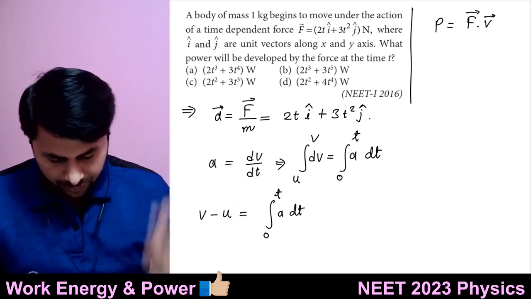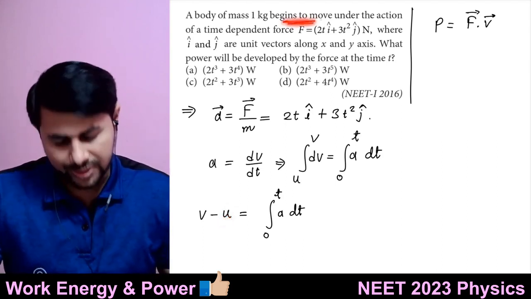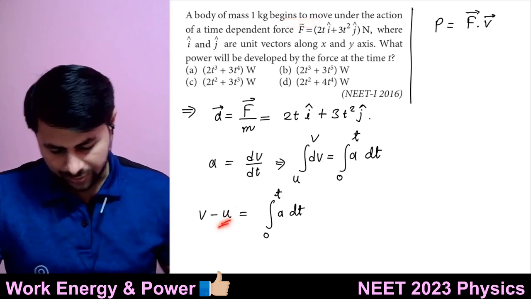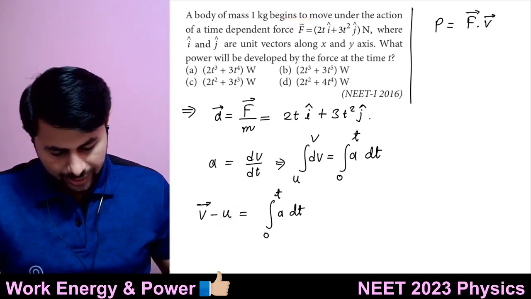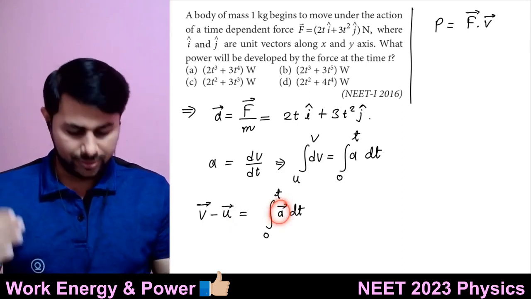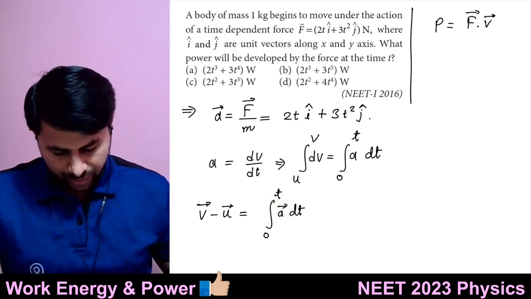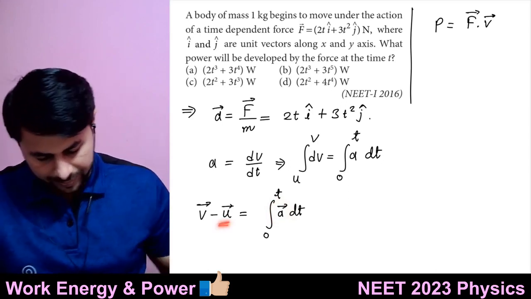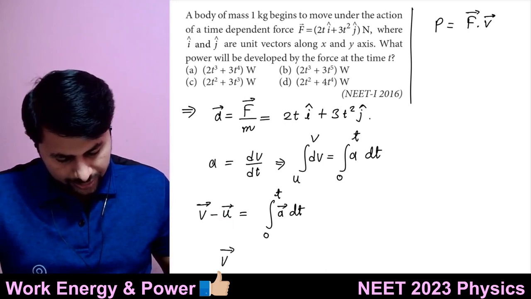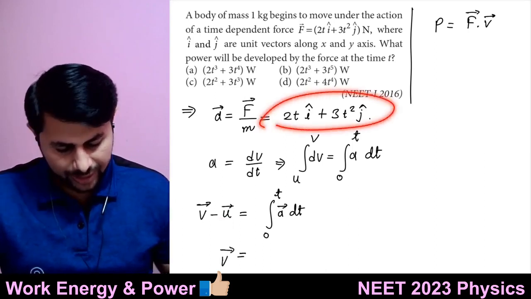The initial velocity is 0 because it begins to move, it's given. So u is 0. v is a vector quantity, a is also a vector quantity. So u bar is 0, and v bar is equal to the integral of a bar times dt.